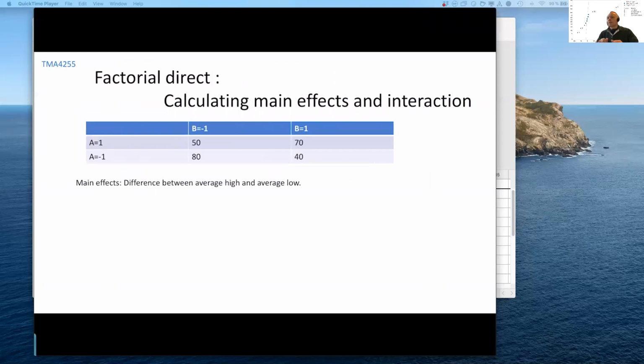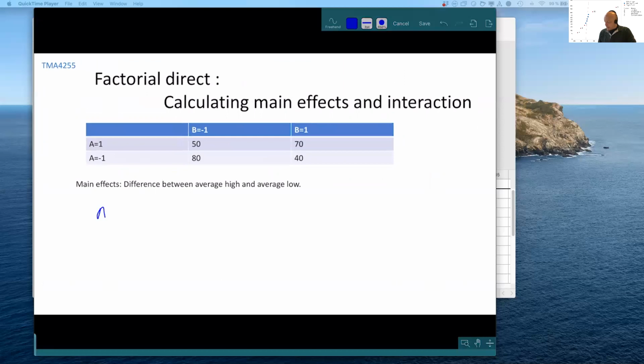Okay, so how do we then estimate the main effects if we start with this point? What we do to estimate A hat, for instance, is to take the average high minus the average low. So that means we have 2 measurements here when A is high: one where A is high but B is low, so that's this one, and one when A is high and B is also high.